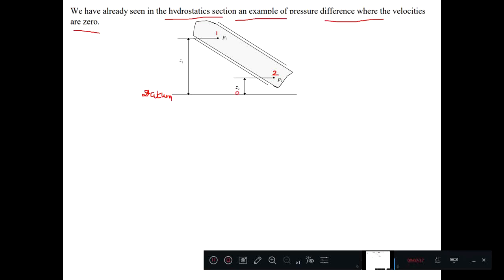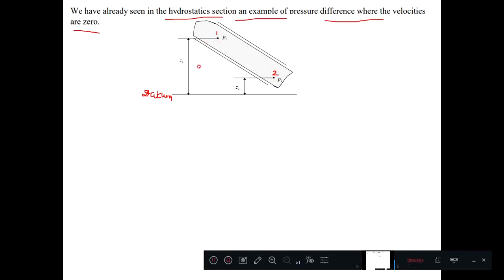Here the pipe is filled with stationary fluid of density rho. So in this particular pipe, fluid has been filled and it is at rest. For this stationary fluid, we have considered the pressure as P1 at point 1 and P2 at point 2, and also the positions.